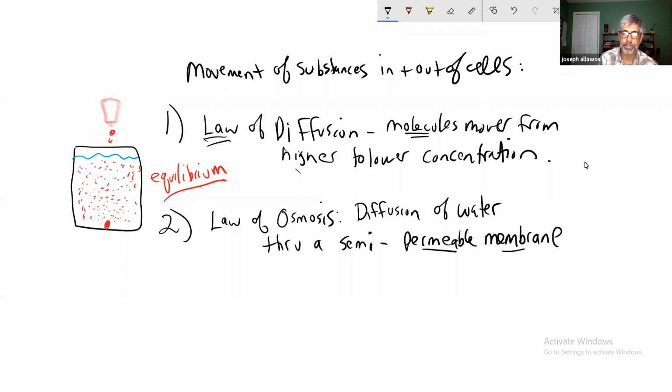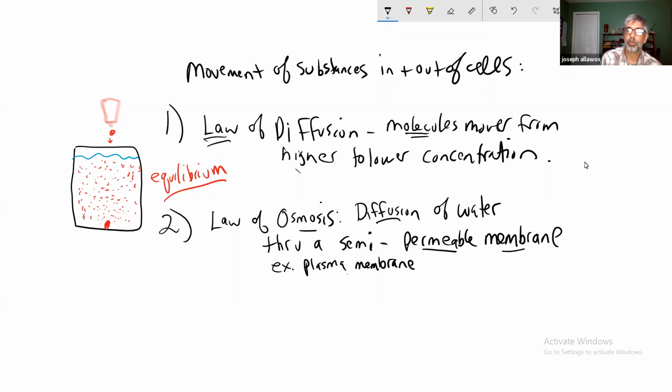What's the semi-permeable membrane of living cells? Well, that should be clear. What we're really talking about is the plasma membrane, right? So when we talk about osmosis, we're talking about water moving in and out of cells through that plasma membrane based upon the law of diffusion.